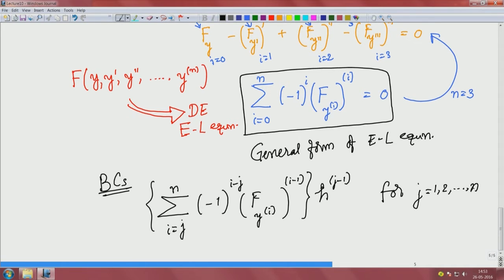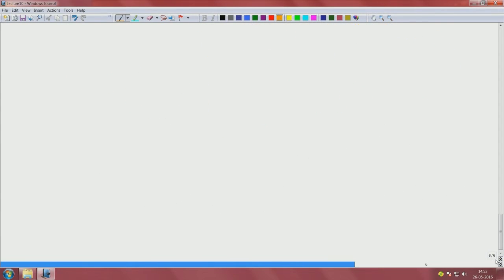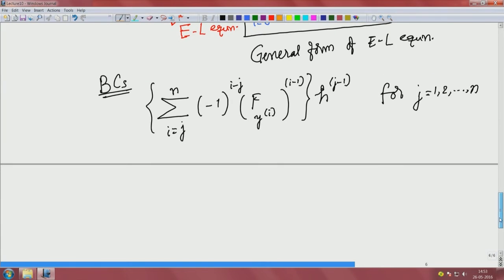So, j goes from 1 to n, meaning that if I have only y prime, that is n equal to 1, I will have only one boundary condition, which, if you recall, let us keep this, the boundary condition when n is equal to 1, meaning that my integrand was f(y, y prime).